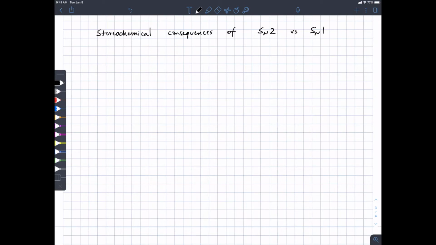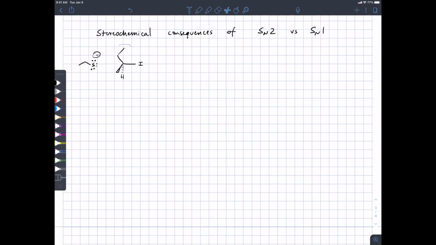Recall that we said that the SN2 reaction, and I'm going to draw a secondary alkyl halide, and I'm going to use a good nucleophile here, and this is from our list of good nucleophiles last time.